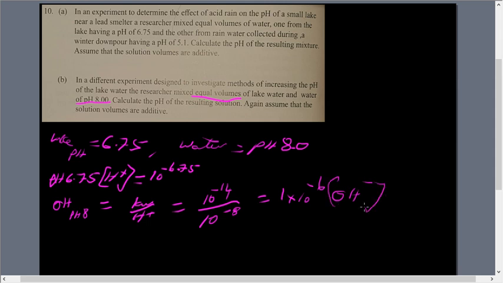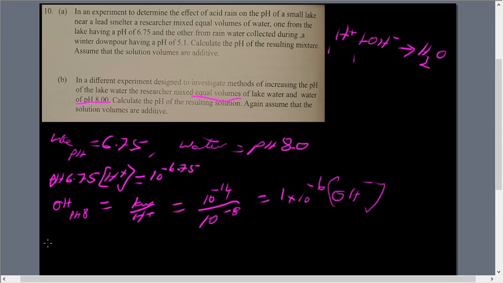Now, OH minus is going to neutralize H plus: H plus plus OH minus gives H2O. And it's a 1-to-1 ratio there, so we don't have to multiply or scale it by anything. But we've added 2 together, so we've got 2 volumes.